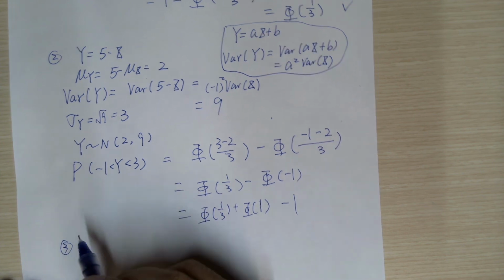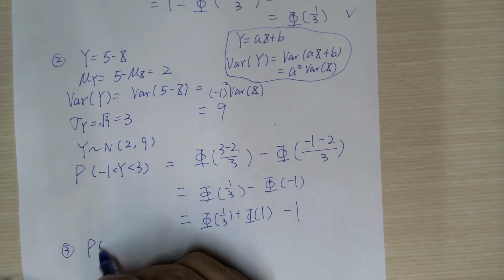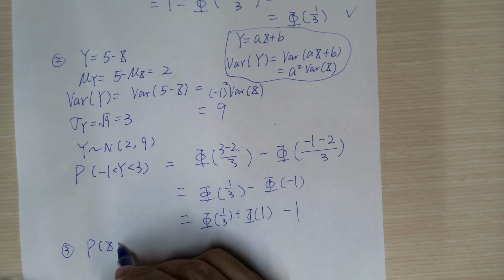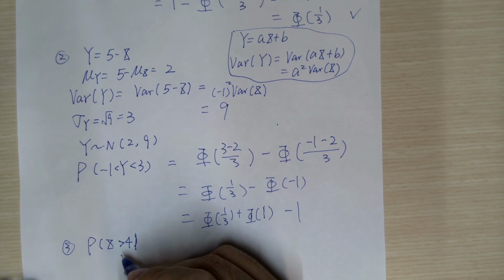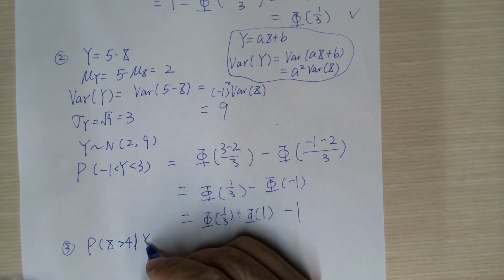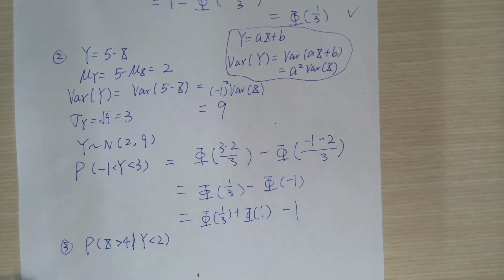Part 3, what is the conditional probability that X is greater than 4 given Y is less than 2? Okay, less than 2.